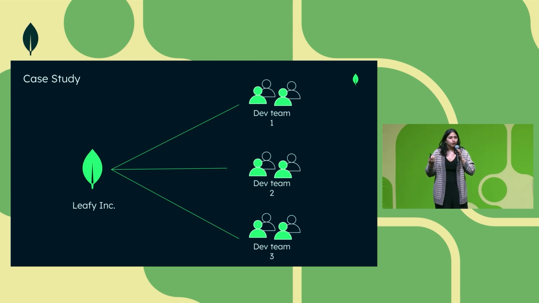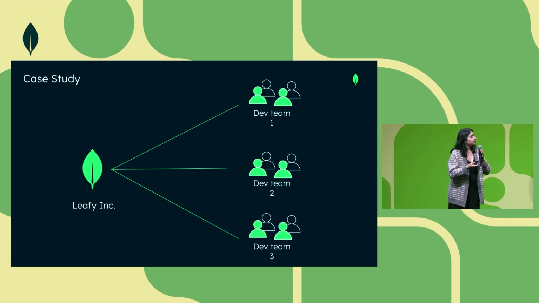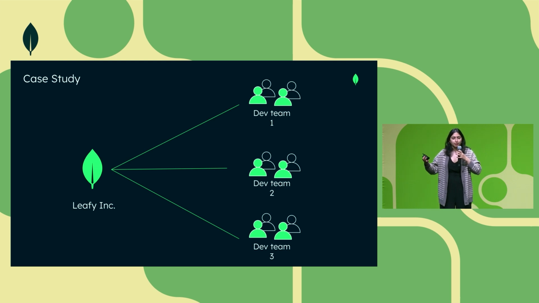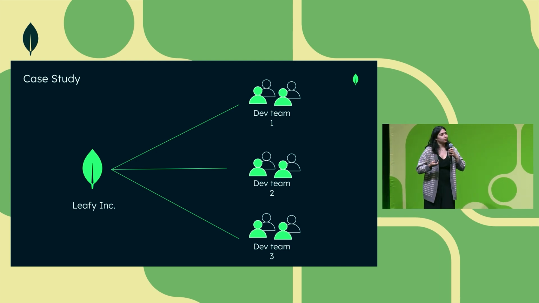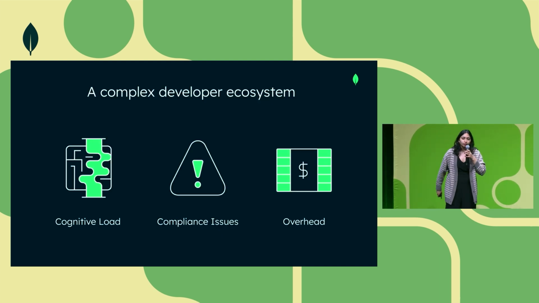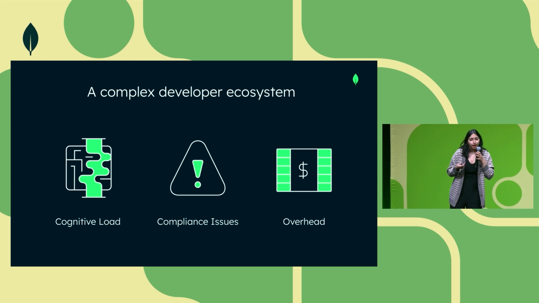And so in order to act on this commitment to their customers, the developer team at Leafy really leaned into their DevOps strategy and made the decision to shift left and embrace DevOps. And this helped them have those self-service abilities that gave them autonomy over their infrastructure and how they ran and built applications. But as some of you might have experienced in your own journey around this, they ran into quite a few issues that slowed down and frustrated their developers.